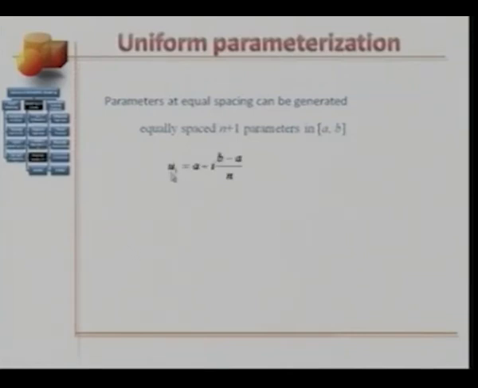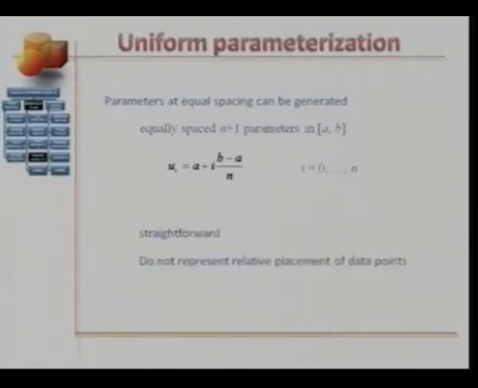Well, let's say our parameter values are given by u sub i, and they are equal to a plus i times (b minus a) over n. Here i is an index going from 0 to n. For i equals 0, I have u0 equals a, and for i equals n, these two n's would cancel out, this a would get cancelled out with this minus a, and therefore un will be equal to b. All the other parameters are spaced by some length (b minus a) over n.